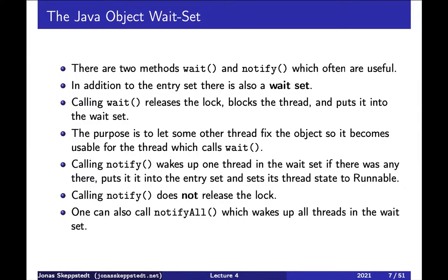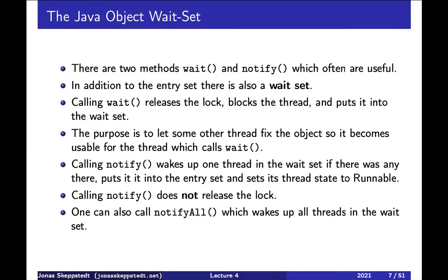Some other thread may take the lock instead and then hopefully fix the object. So when another thread has done something useful to this object, it can call notify, and it will wake up one of the threads in the wait set.